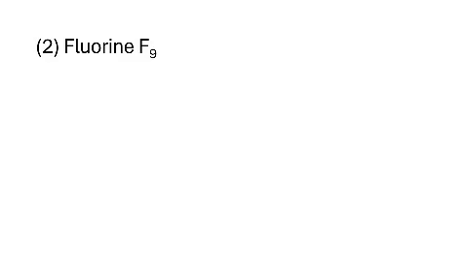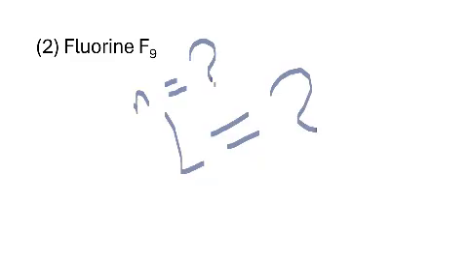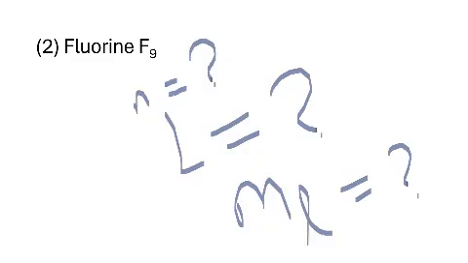The question now. Mention the four quantum numbers for the last electron in fluorine atom N9. طيب لما أقول quantum numbers يعني I need to find the value of N, I mean the value of the principal quantum number, the value of L, which is the subsidiary quantum number, the value of ML, which is the magnetic quantum number, and finally MS اللي هي the spin quantum number.